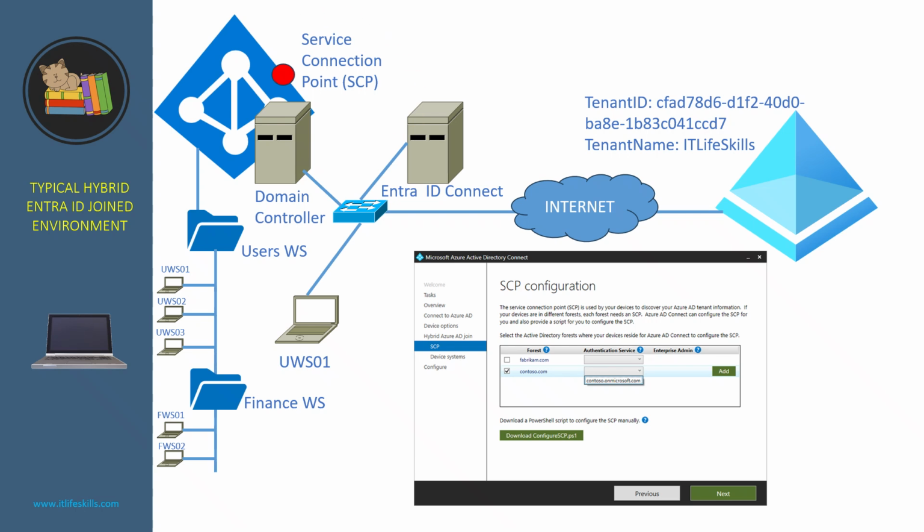The service connection point contains the Entra tenant ID and the Entra tenant name, which helps these computers to locate the Entra ID tenant. We can also specify the OUs with their objects that will be synchronized to the Entra ID tenant. The objects in other OUs will not be synchronized to the Entra ID tenant.